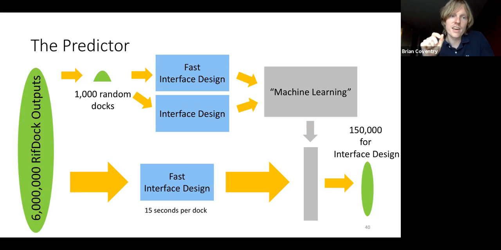I don't have a slide on it, but the way this works is you take your fast interface design outputs, which have DDG values ranging over some interval, and bin them into 10 groups.